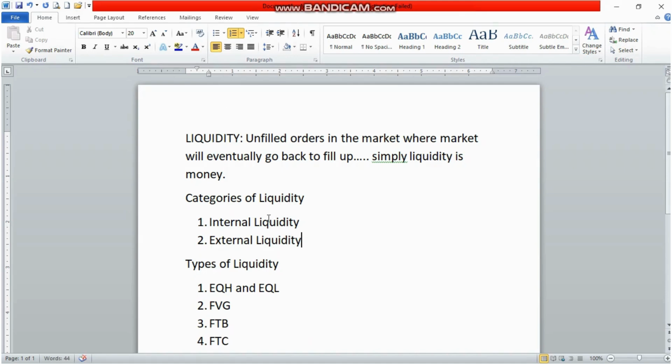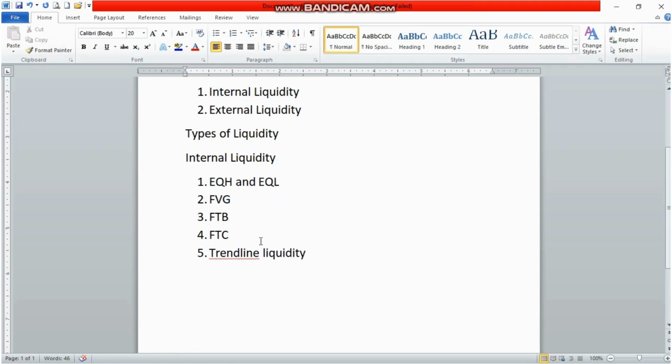Good. Now, in the internal liquidity, we have the fair value gaps, the fail to break, the fail to close liquidity, right?